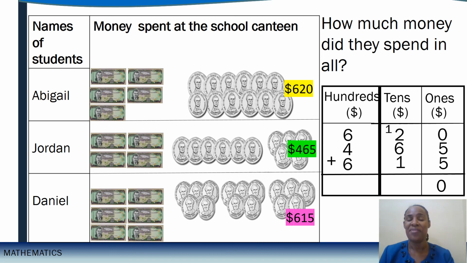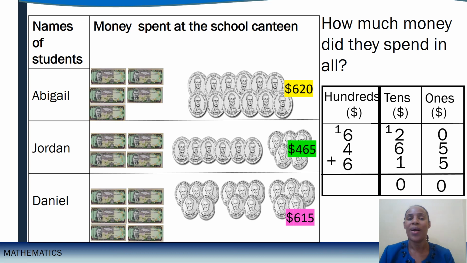So there we have it. From our 10 ones, we are left with 0 ones, and we now have 1 ten that we will add to the tens column. In the tens column, we have 1, 6, 2, and 1 to add.